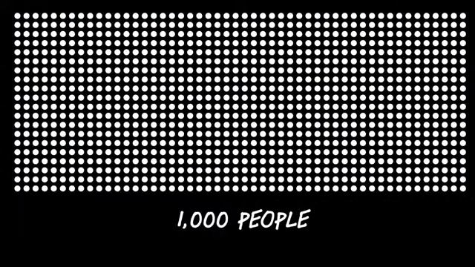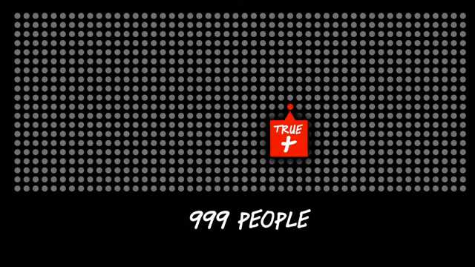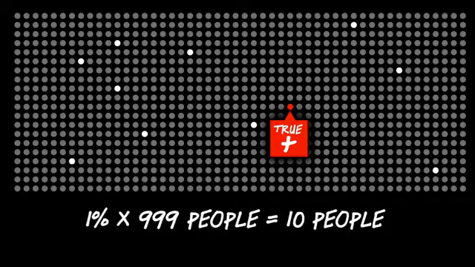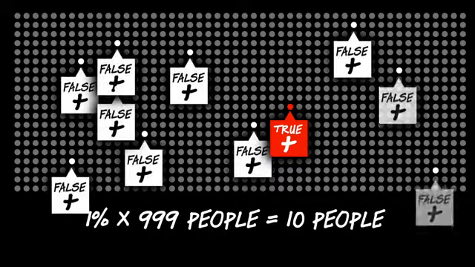Now, this isn't some sort of crazy magic. It's actually common sense applied to mathematics. Just think about a sample size of 1,000 people. Now, one person out of that 1,000 is likely to actually have the disease, and the test would likely identify them correctly as having the disease. But out of the 999 other people, 1% or 10 people would falsely be identified as having the disease.